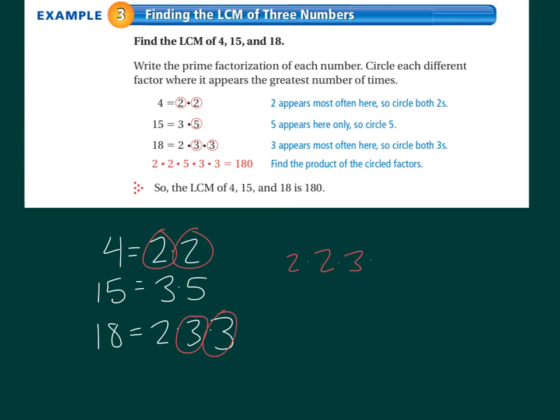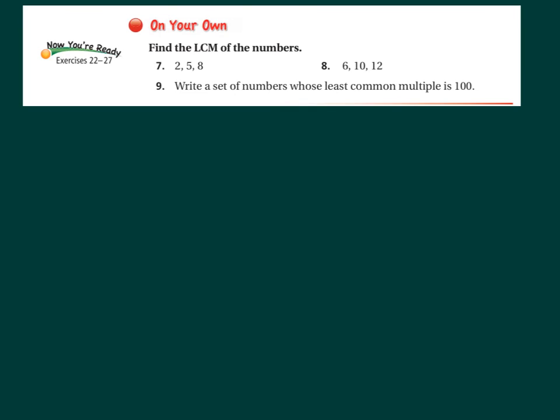So I multiply 3 times 3. And then lastly, all I have left is 1 factor of 5. And so when I multiply up all of those, where I have 2 2's, 2 3's, and a 5, I get 180 for my answer. So now try to use the same line of reasoning for number 7 and 8.